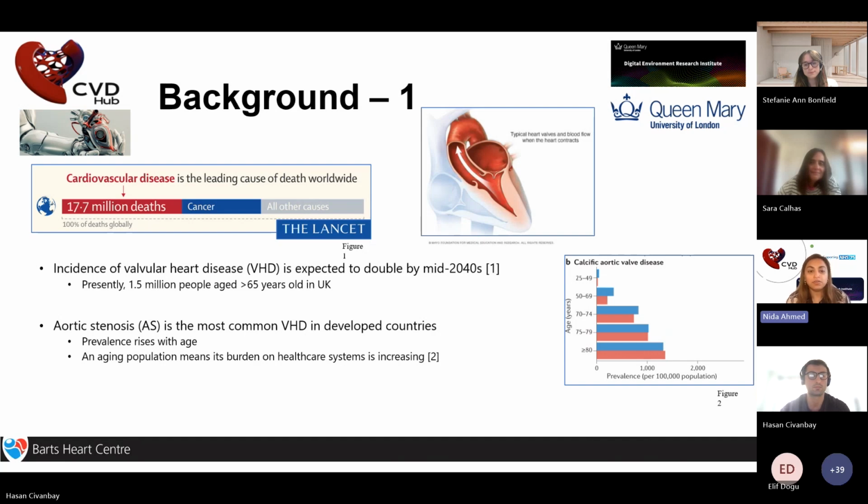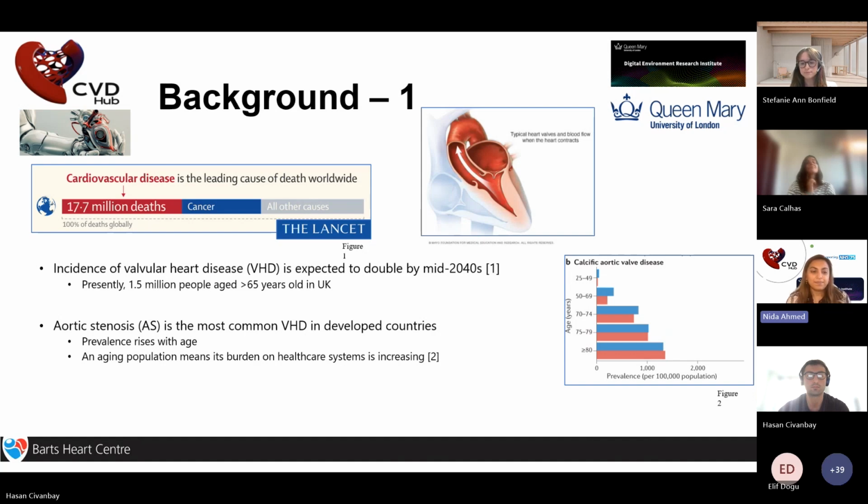The most common form of valvular heart disease is aortic stenosis. This is the most common in developed countries. Its prevalence increases with age, and as we have an aging population, already its burden is pretty high, and it's only going to grow in terms of the burden on the healthcare system over the next couple of years.